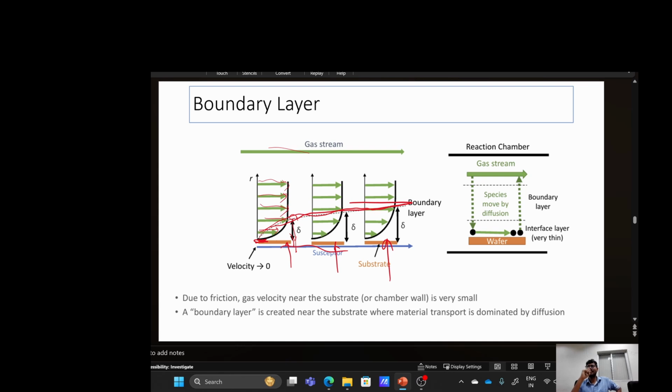Stagnant in the sense that nothing is flowing through it, a streamline flow is not there. In this layer, this delta is the thickness of that stagnant layer, or we can say the boundary layer. This boundary layer is formed when there is a laminar flow through the pipe or through the reactor.